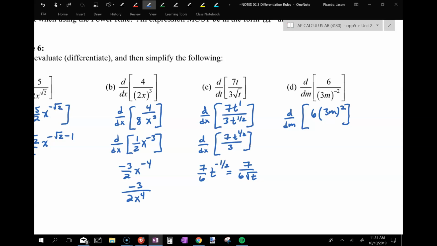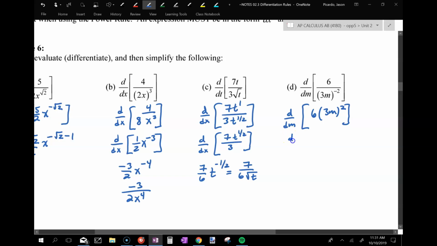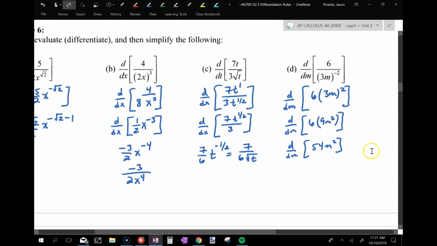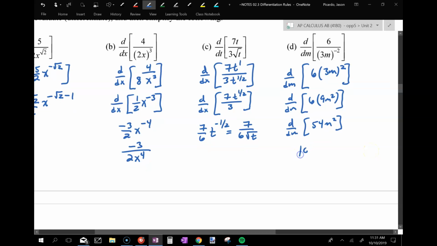So 3m squared is the same as 3m squared. 9m squared. So that's the same as 54m squared. All right, and if we take a derivative of that, 108m.